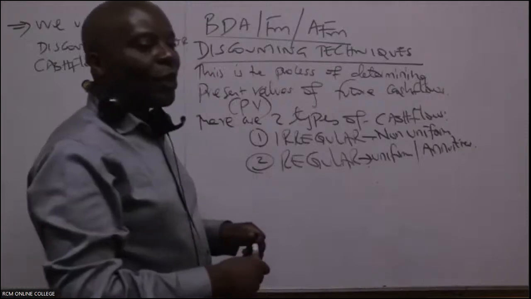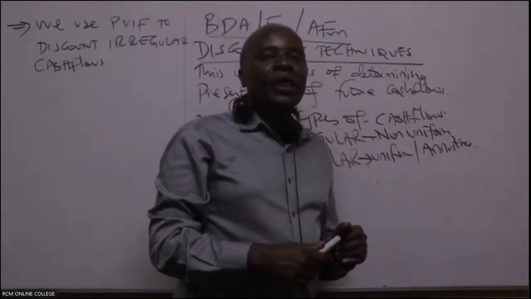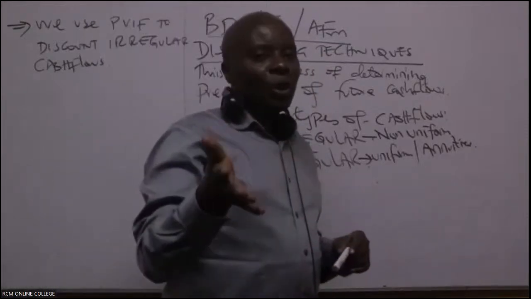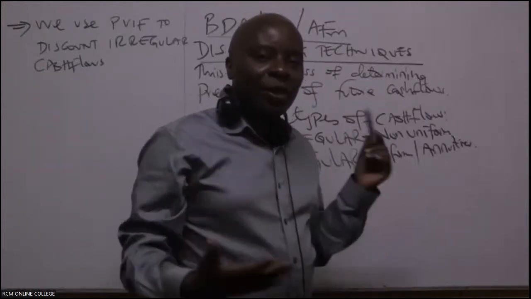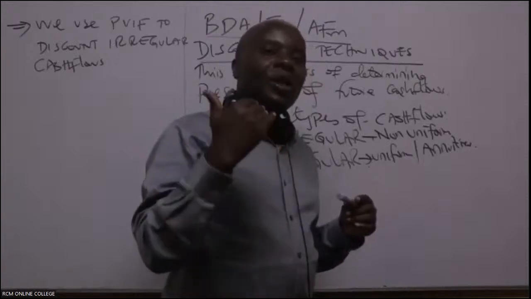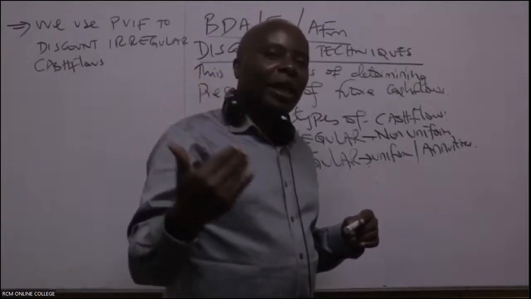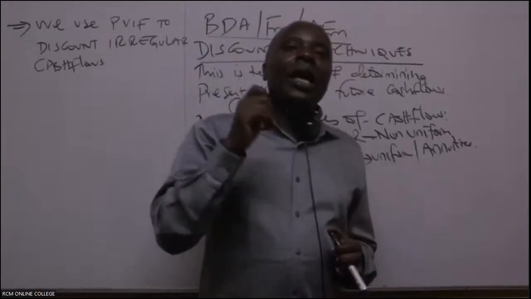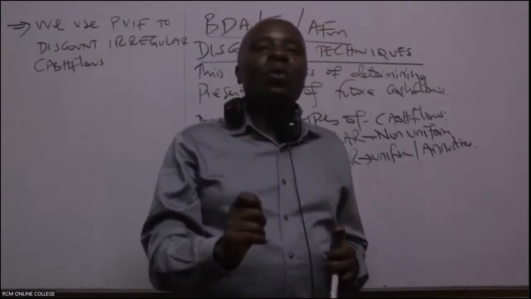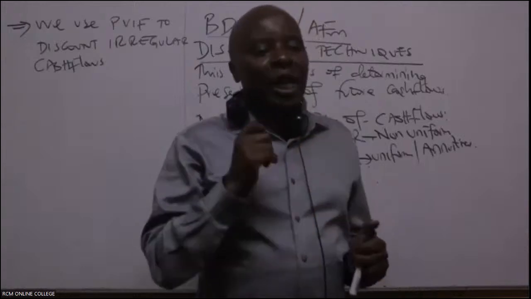Irregular cash flows are which type of cash flows? Today you are getting 10, tomorrow you get 15, another day you get 20, another day a different value. When values keep on changing like that, automatically we call them irregular, and we use PVIF to discount them.